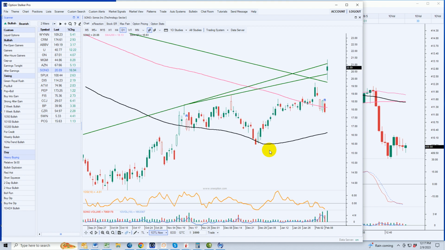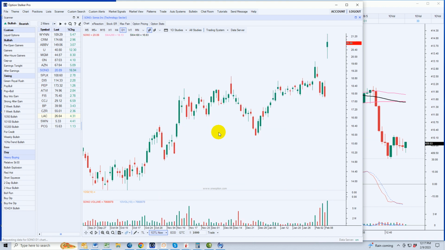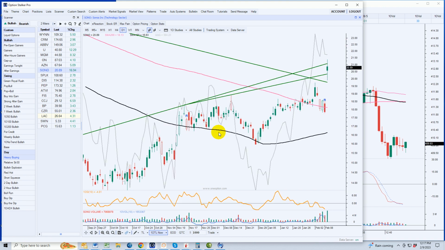I like Sono. I like the fact that the stock has been on a very nice, steady path higher since last September. If we wanted to, we could put an overlay of the QQQ just to see how it compares to Sono and whether or not Sono has had some strength relative to the tech sector.